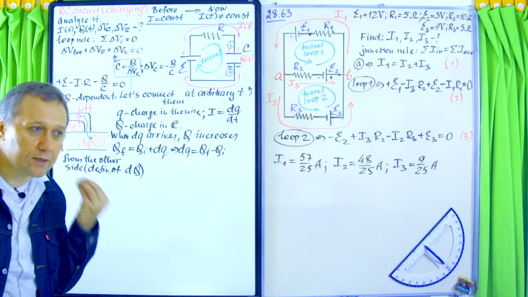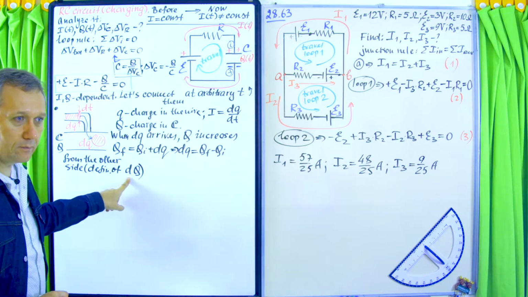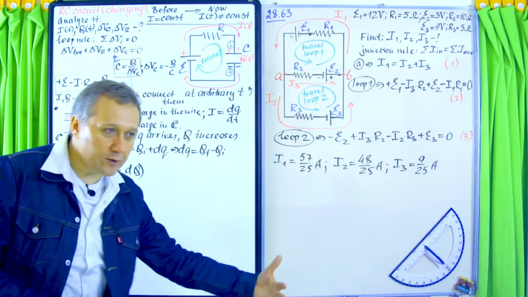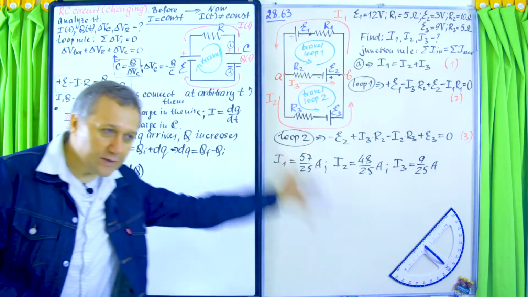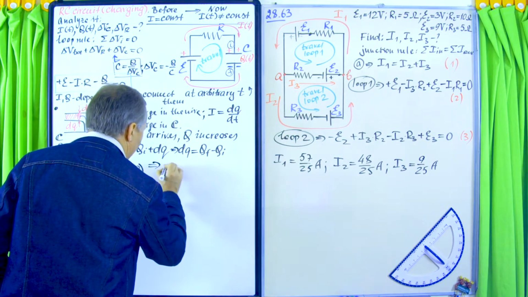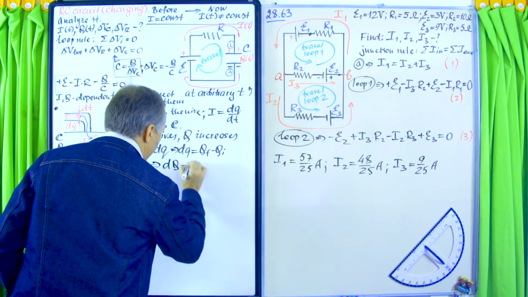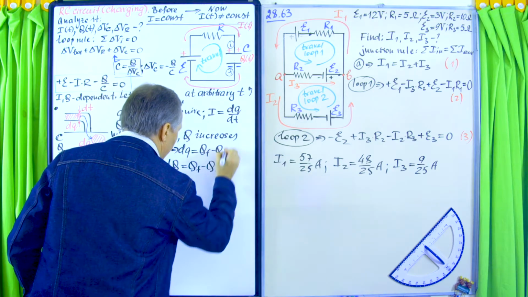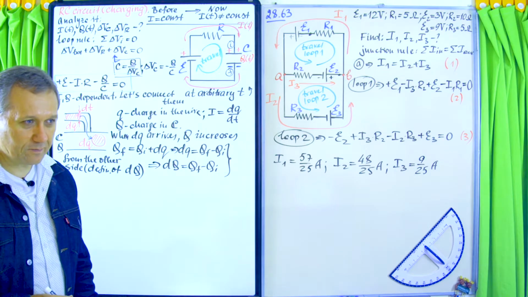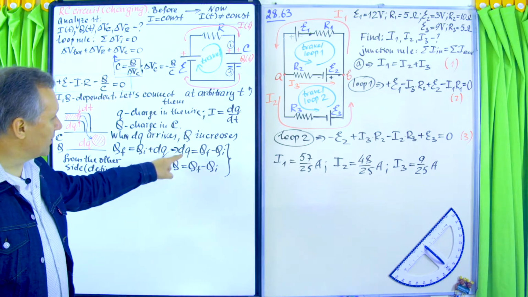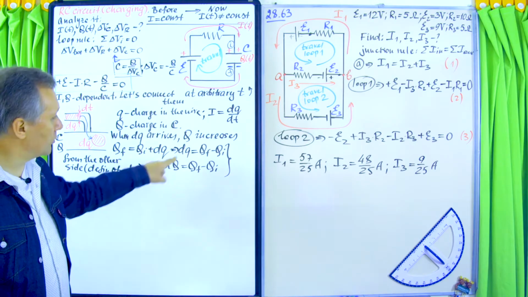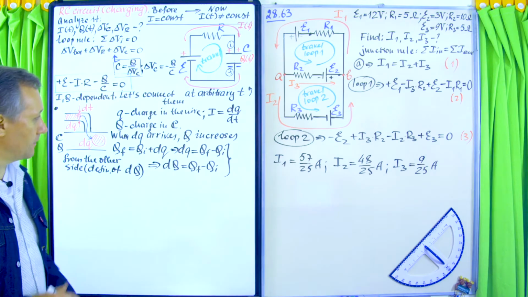What is dq capital? Any delta q or dq is always the final value of something, in this case charge, minus the initial value. So dq capital equals q final minus q initial. Now let's compare these two results. How can we relate q small and q capital? They are equal: dq small equals dq capital.